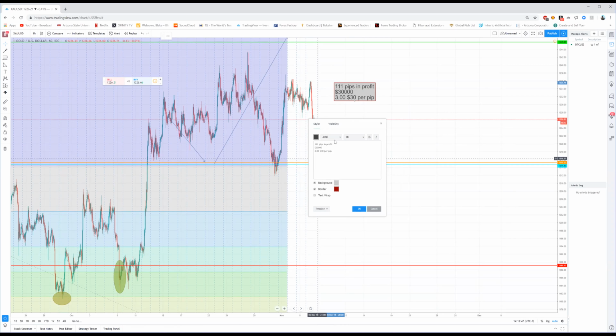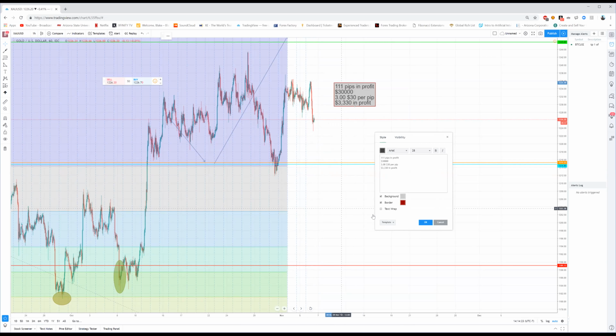I just want to make sure I do this right. I could probably do that in my head, but I'm going to use my calculator. So currently you'd be up $3,330 in profit.